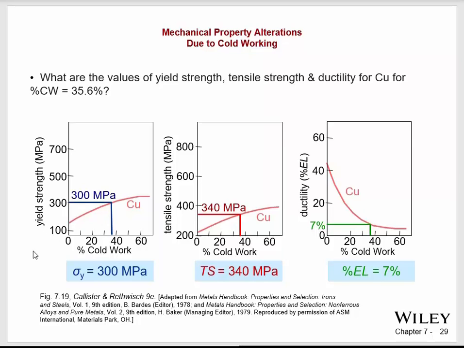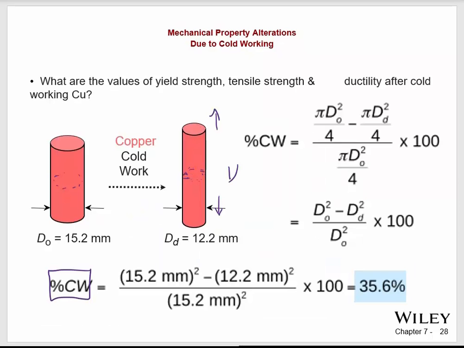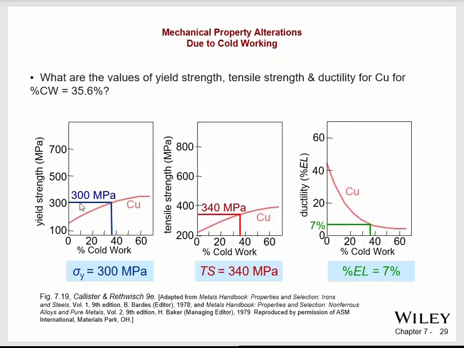You can see here for a piece of copper, after it's been 35.6% cold worked, that's this same piece of copper that was in our previous slide, after it's been drawn out, then we can use the graphs here. So these graphs, this line here represents data that has already been acquired about copper. Also this one, data that has already been acquired about that same type of copper.